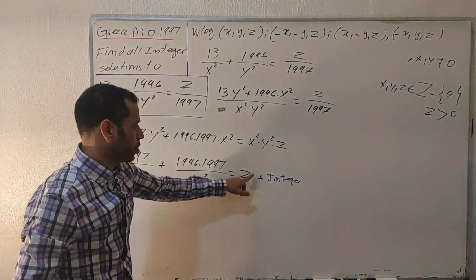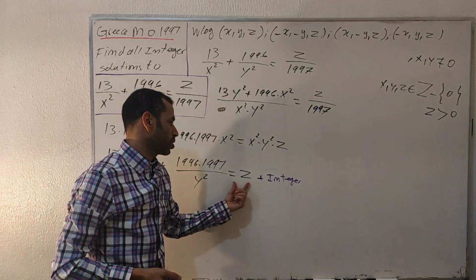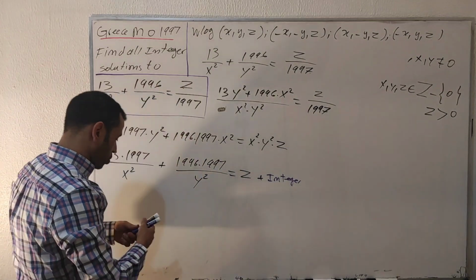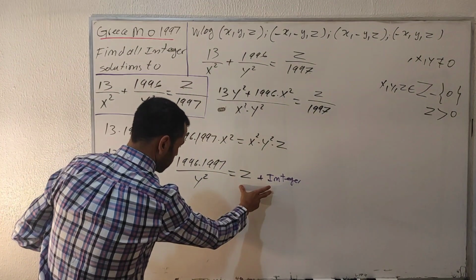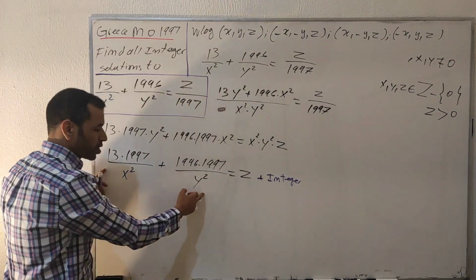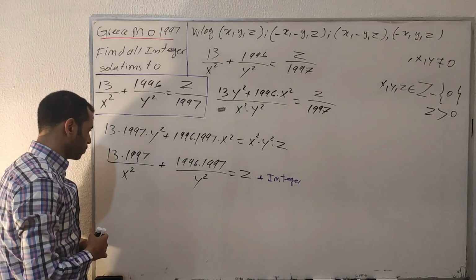I don't want to write z as the same symbol as the set of integers because we don't want to mix z with that set. Since the right hand side of this equation is an integer, the left hand side must be an integer as well.